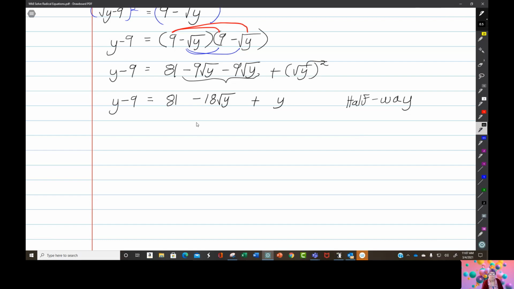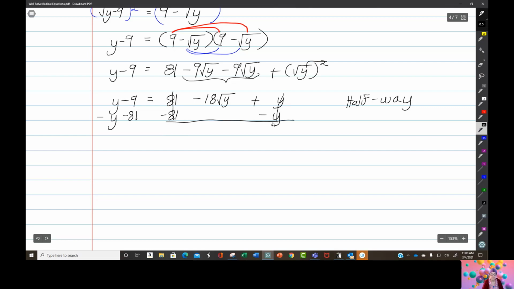Okay? Because now the rules say we have to isolate the radical, or the radical term, which means I have to subtract 81 and I have to subtract y. There. Okay, so over here, 81 minus 81 is 0.